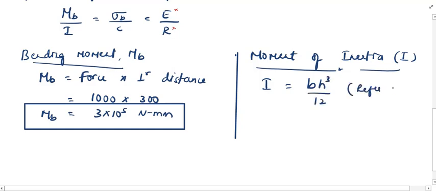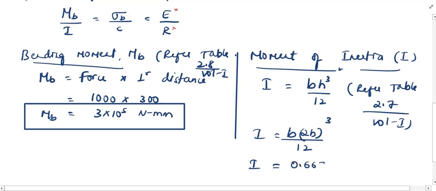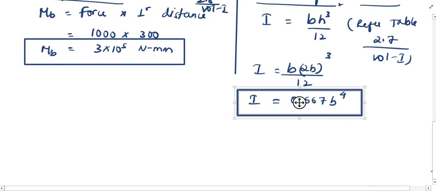Here h is given by the condition as 2 times b, so we will be using that condition: b into (2b) cube by 12. So here the moment of inertia in terms of b will be 0.667 b to the power 4. So this will be my net moment of inertia, 0.667 b to the power 4.